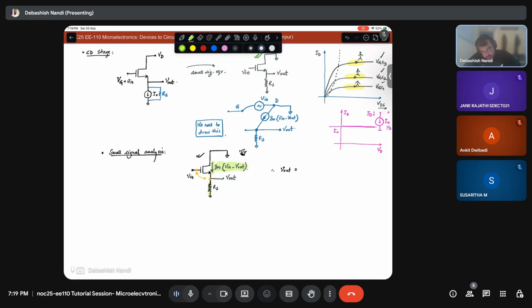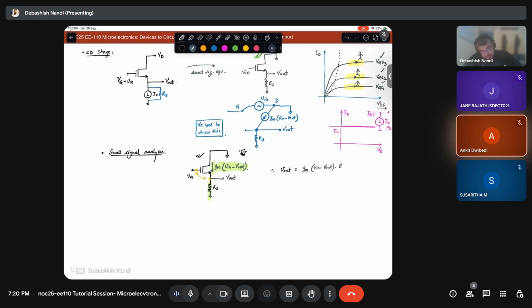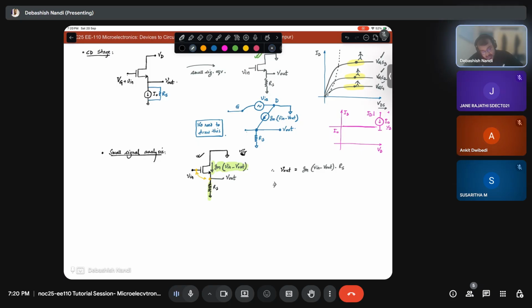It has to flow through this R to the ground because there is no other path. So this V out will be this current times RS. Now you can easily simplify V out by V in as Gm times Rs divided by 1 plus Gm times Rs.